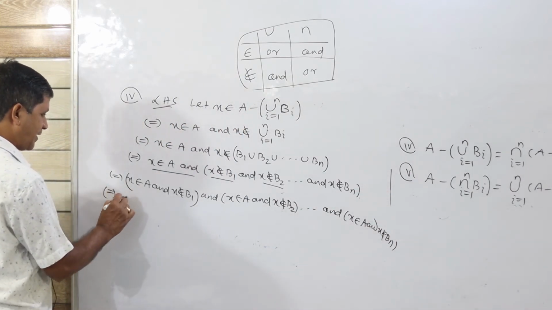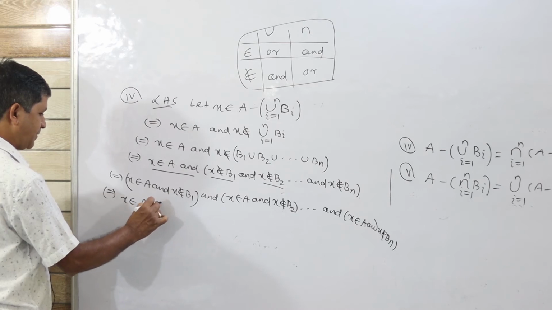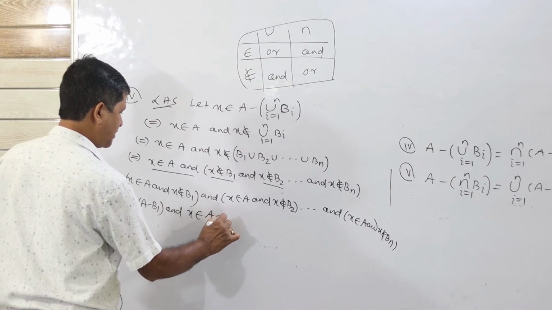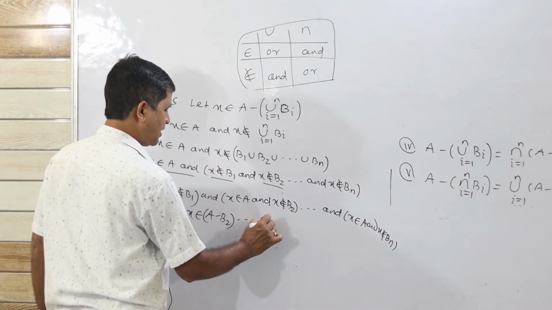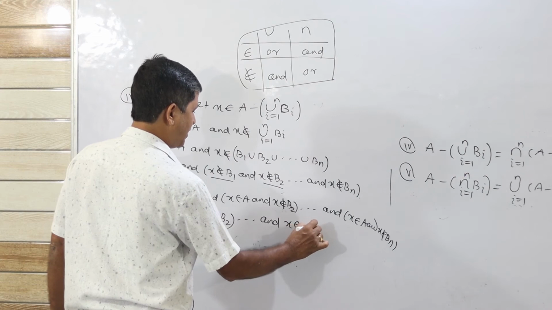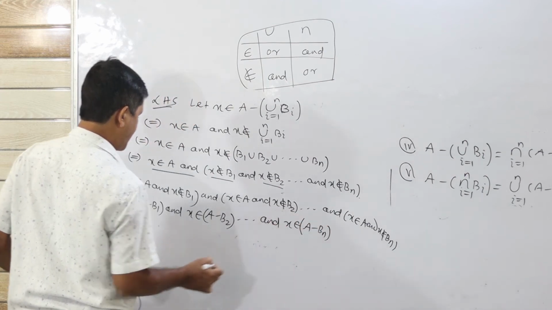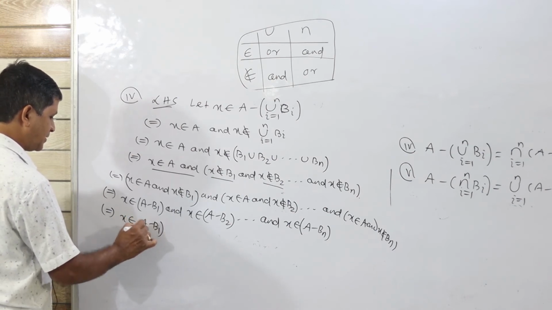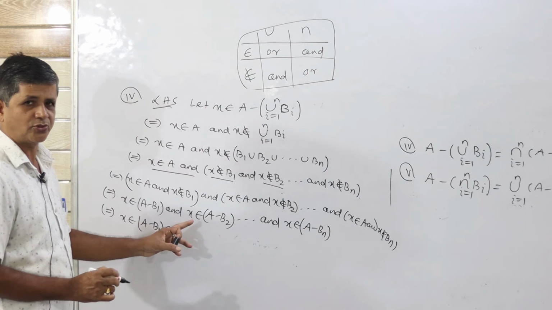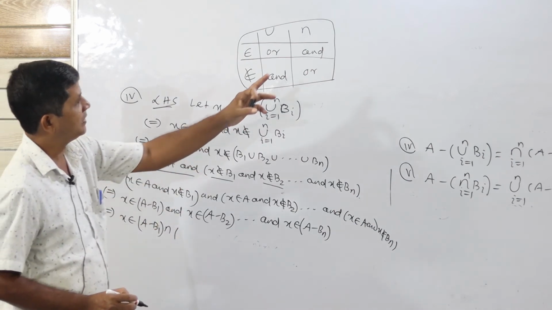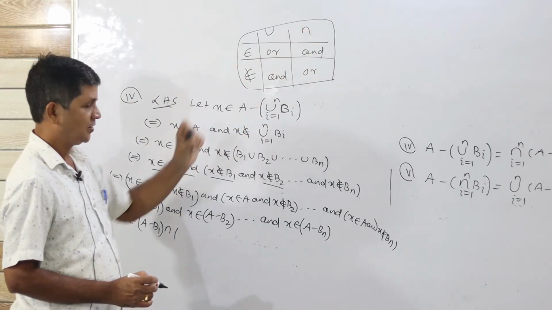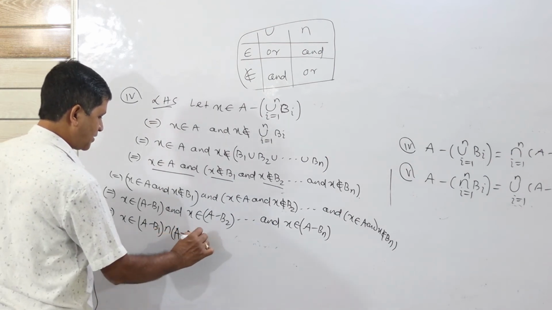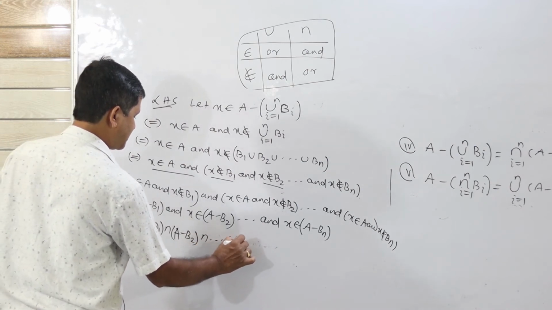This implies and is implied by x belongs to A difference B1 and x belongs to A difference B2 ... and x belongs to A difference Bn. This implies and is implied by x belongs to A difference B1 intersection A difference B2 intersection ... A difference Bn, since for the 'and' case it is the intersection.